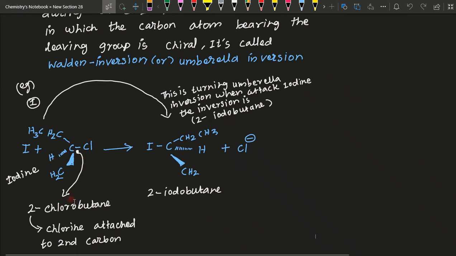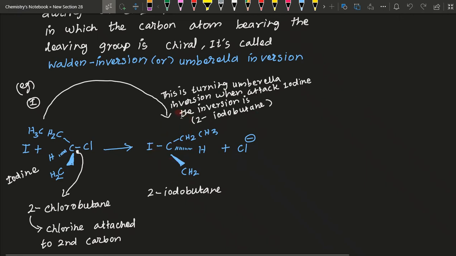So this 2-chlorobutane is going to 2-iodobutane. This is called umbrella inversion. When iodine attacks, the inversion happens, giving 2-iodobutane.